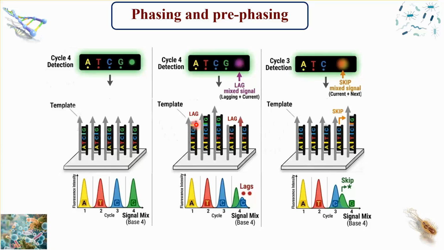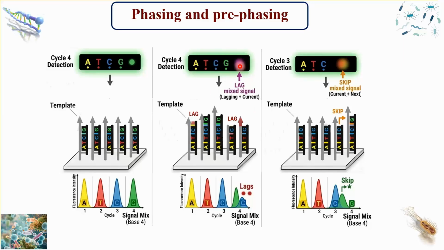As a result, by cycle 4, they are at base 3 as we can see here, here and here. The main signal is contaminated by this lagging signal. This is called phasing. As a result, the signal intensity at cycle 4 becomes weaker and mixed due to the contribution from out of synchronization strands as we can see here.